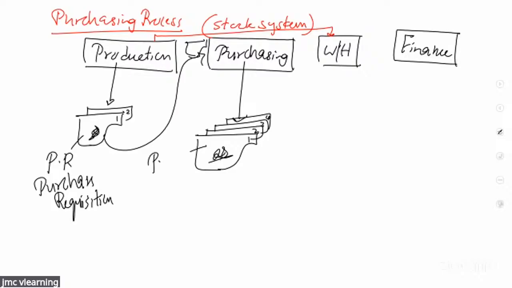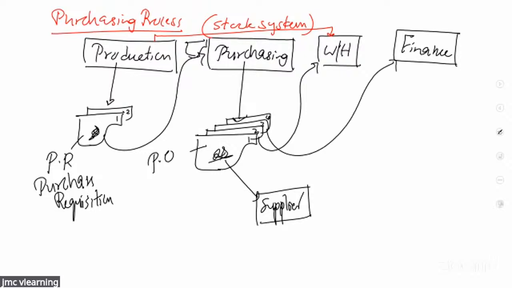This document is referred to as a PO, which stands for purchase order, where you have 4 copies. The original goes to the supplier. The second copy goes to the warehouse. The third copy goes to finance, and the 4th copy is kept as a book copy.